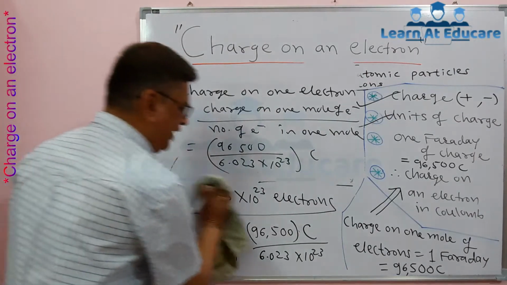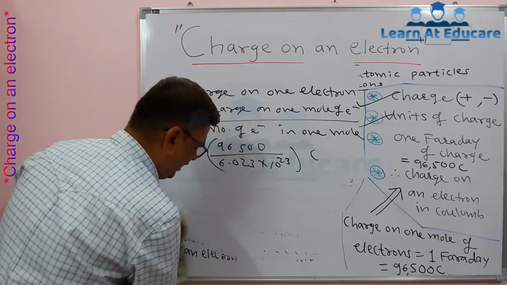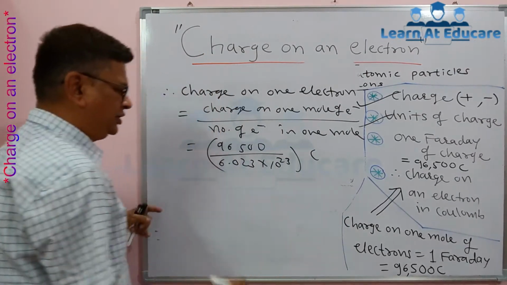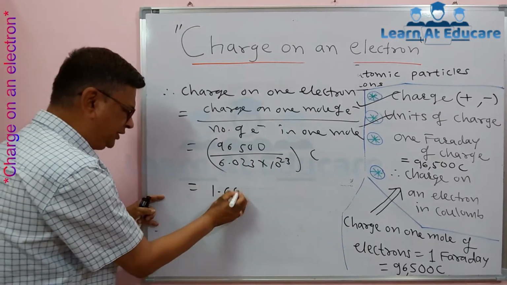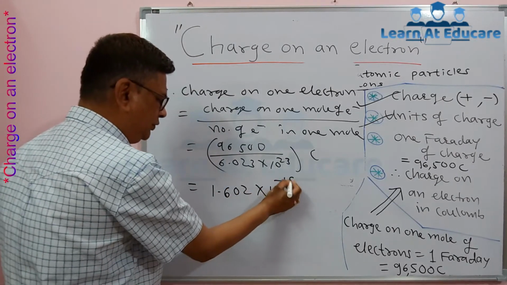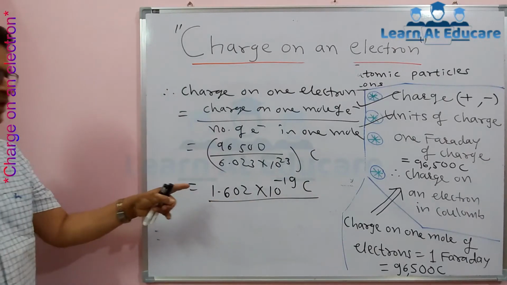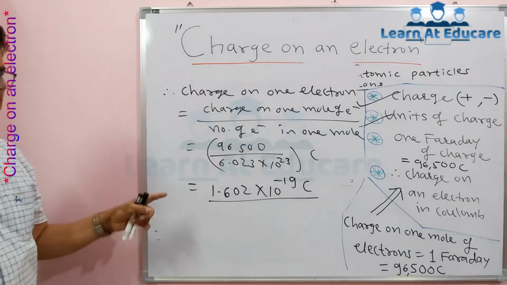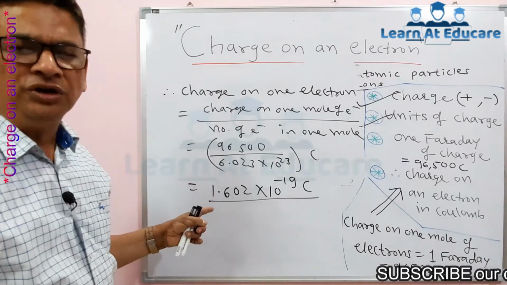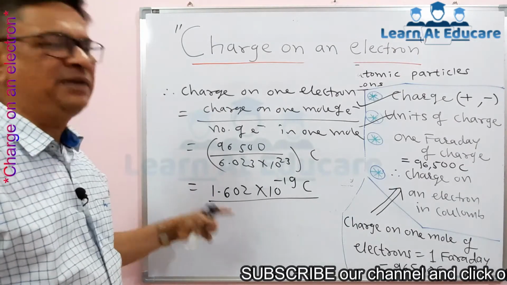And if we find this ratio using a calculator, it comes to 1.602 into 10 raised to minus 19 Coulomb. So this is how the charge on a single electron comes.